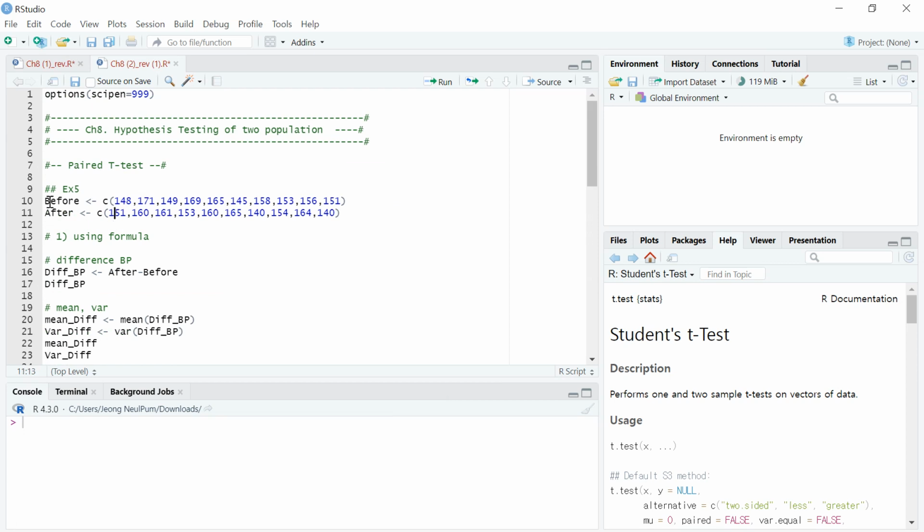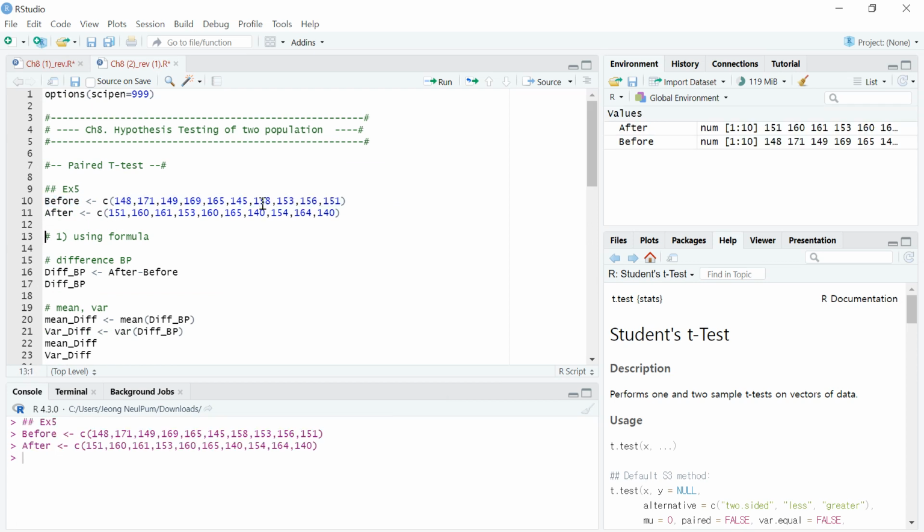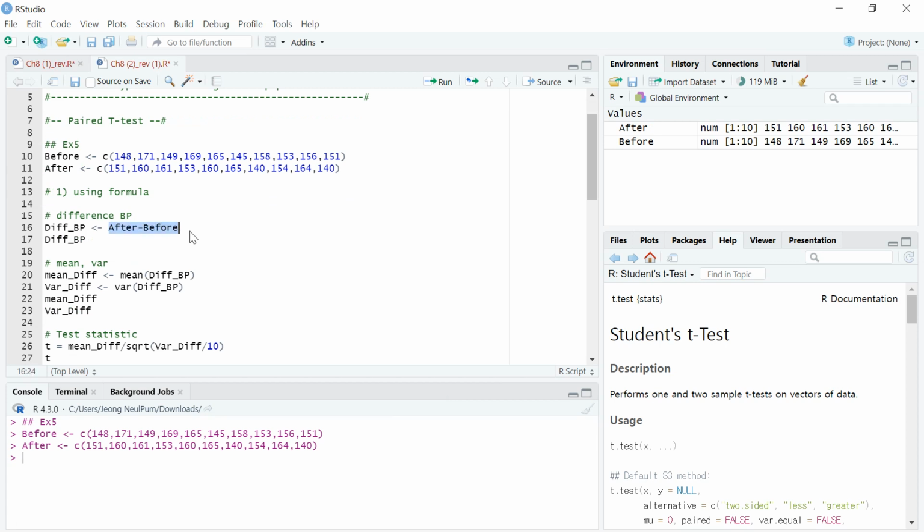So this is the before data and after data. Sorry, this also has to be revised, I think, because we have to deduct the after data from the before data, like this one here. If we deduct the vector from the vector, the result comes from each calculation.